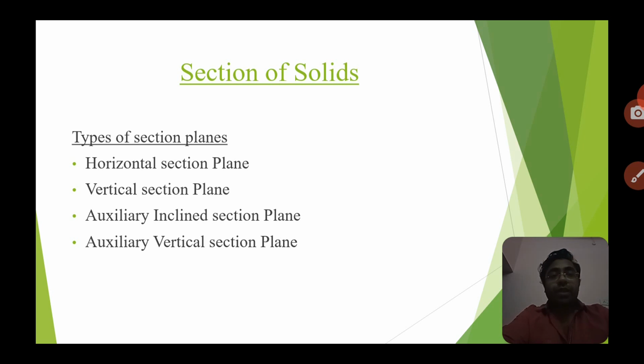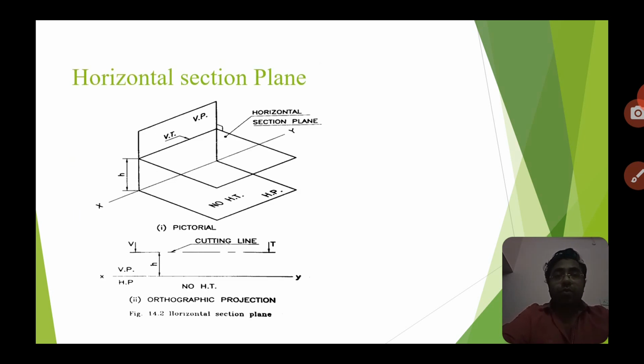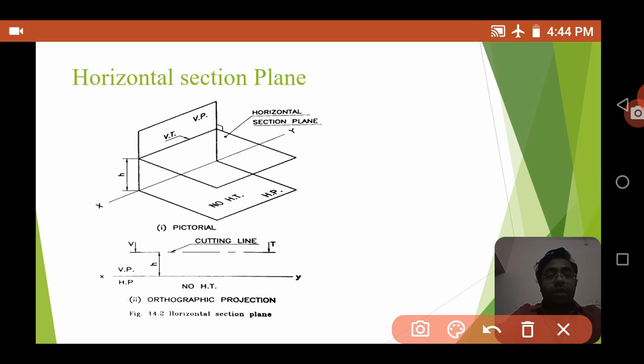Horizontal section plane. Here you can see two planes, VP and HP. This one is the VP and this one is the HP, the vertical plane and horizontal plane.